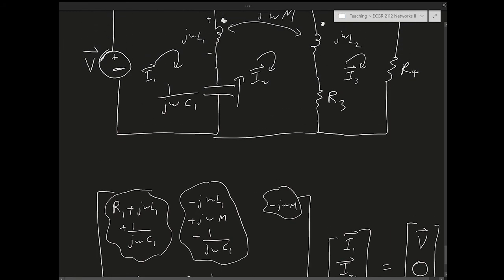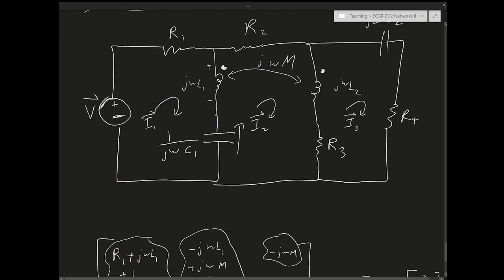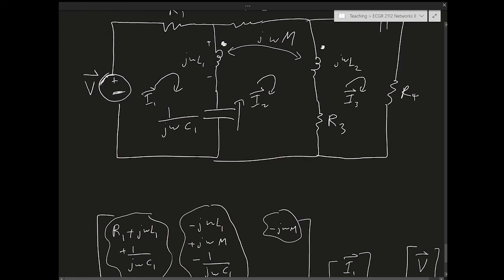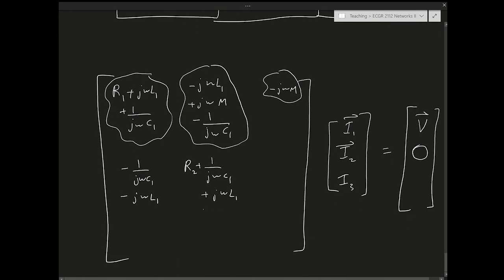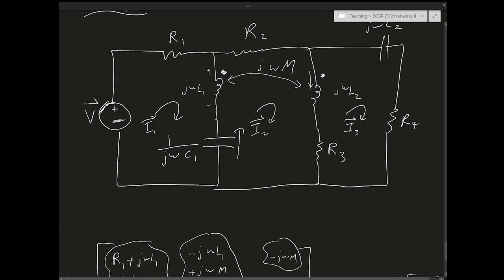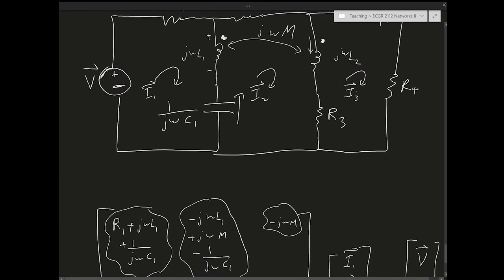I'm going to write it up there. And then I have, going in this direction, I2 minus I3 times j omega L2. So it's going to be plus j omega L2 minus j omega L2 because of the minus I3. And then I have I2 minus I3 times R3.